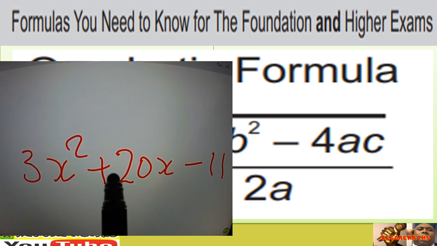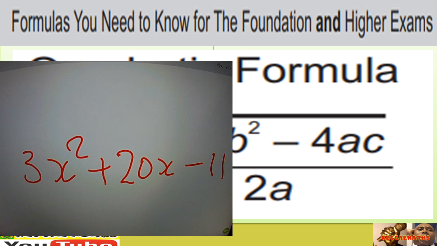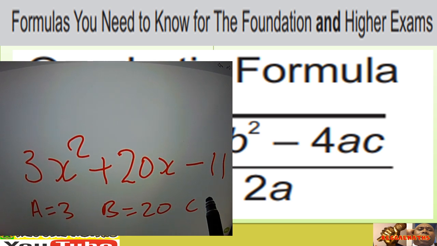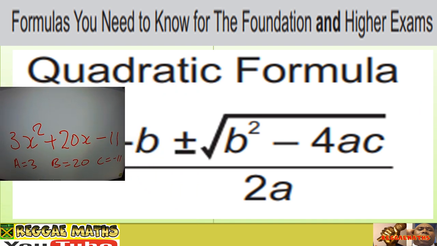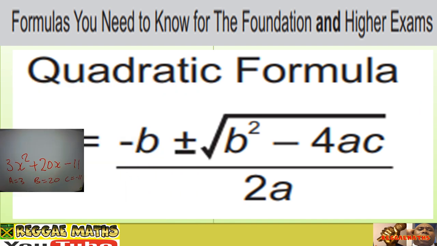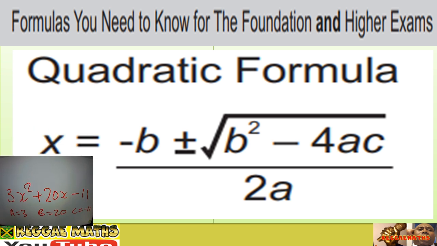So you put a equals 3, b equals 20, and c equals minus 11, and you're able to work out the two solutions for x.